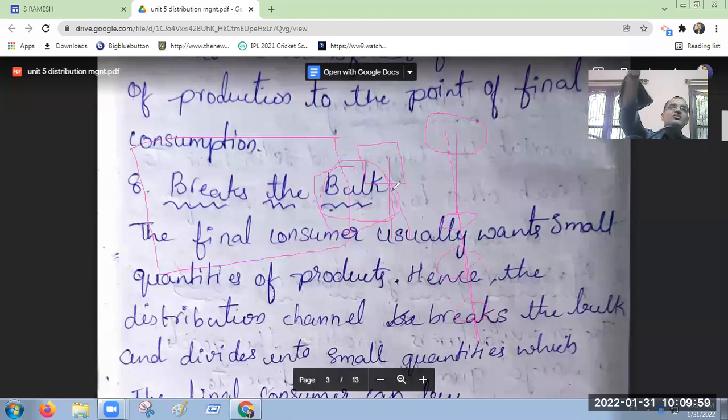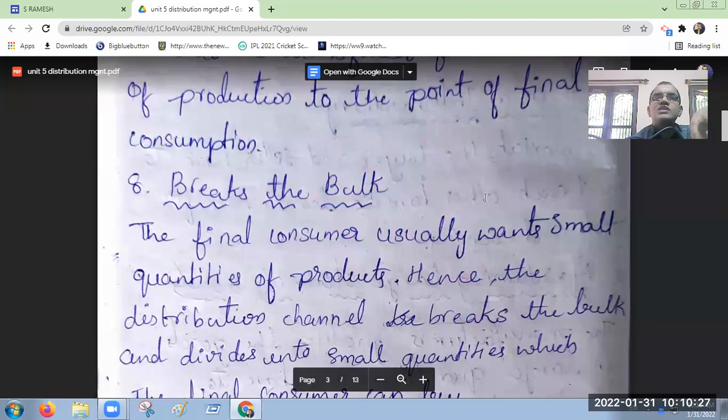The manufacturing unit cannot do this activity, because they are heavily overburdened with production work only. So with the help of proper distribution management, you can take their support, so that bulk is divided into smaller quantities. That is not possible for the manufacturer.